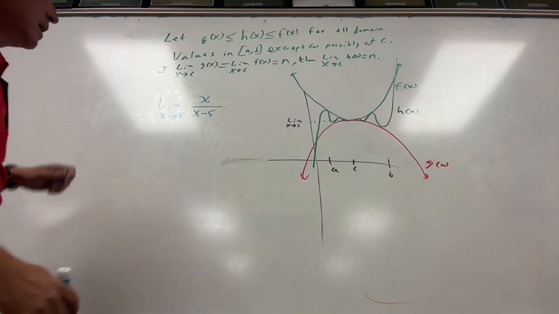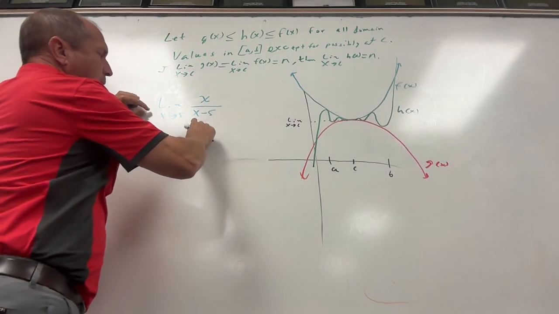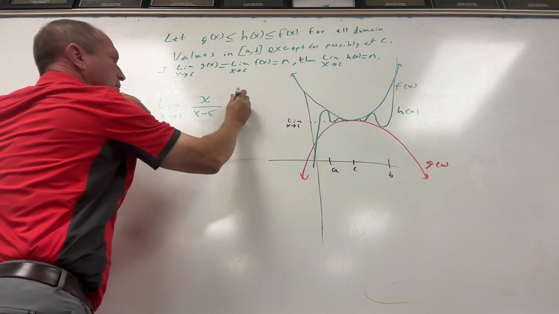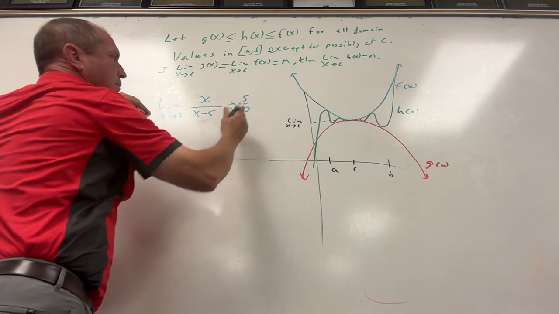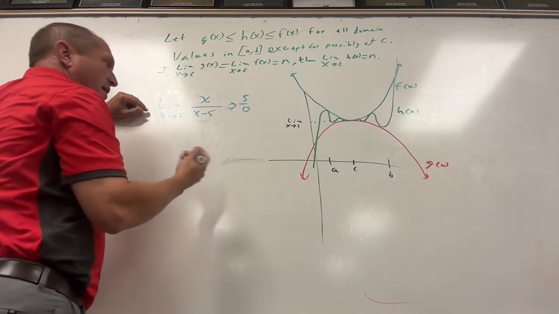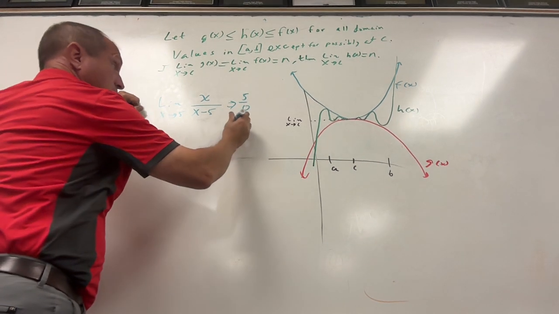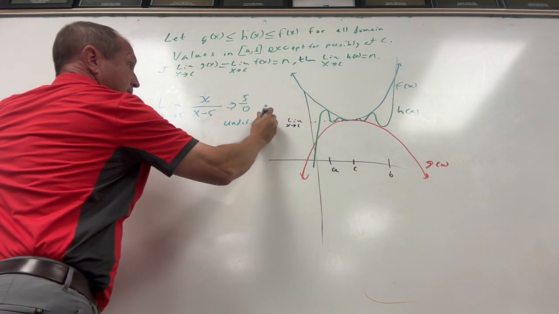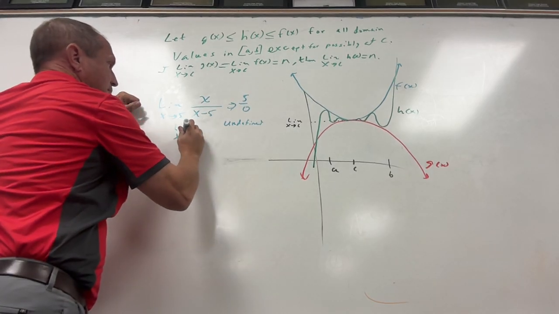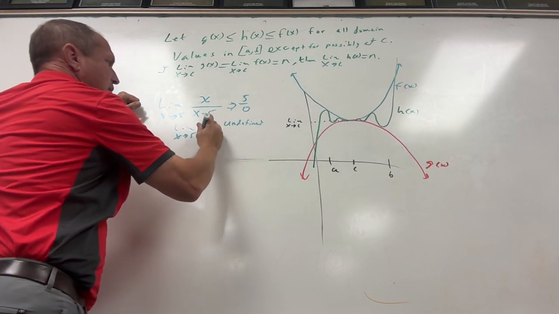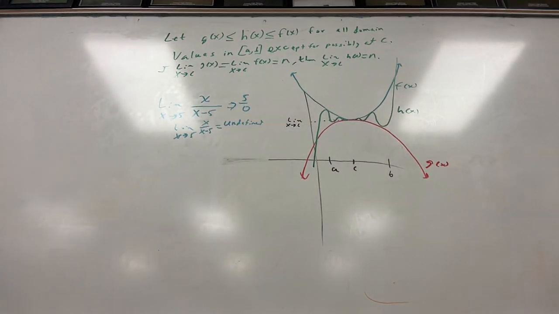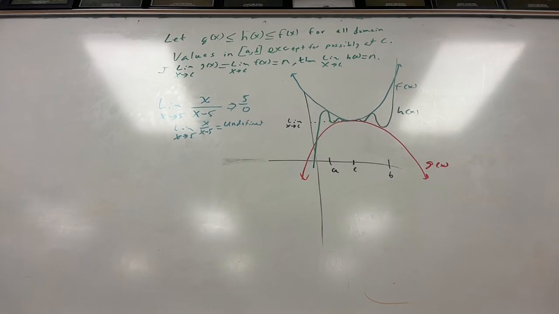In this scenario, we plugged in 5, and this yielded 5 over 0, and 5 over 0 was undefined. It still is undefined. So the limit as x approaches 5 of x over x minus 5 is undefined. Are we okay with this?